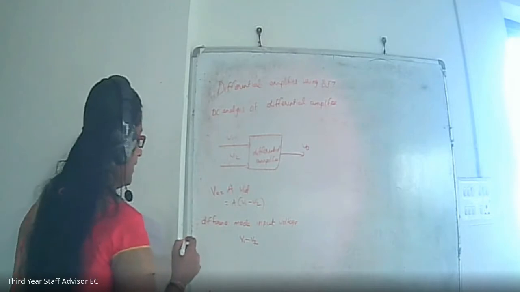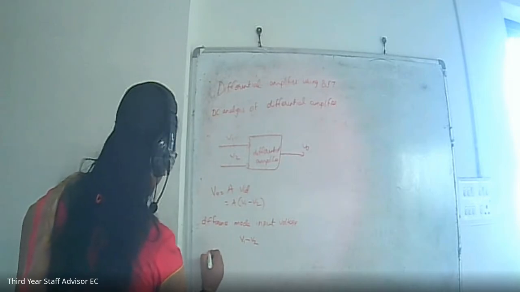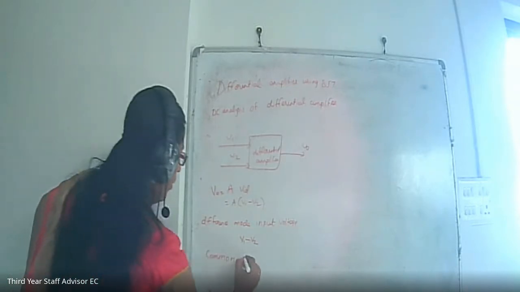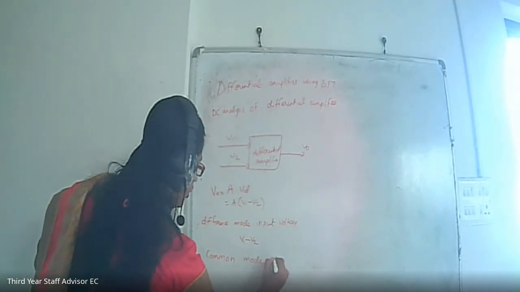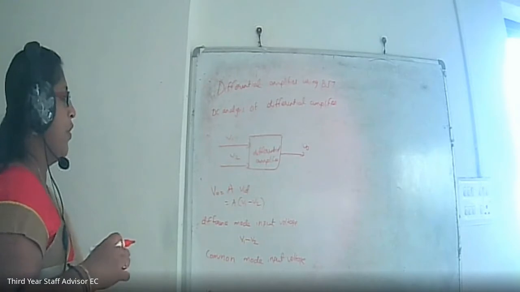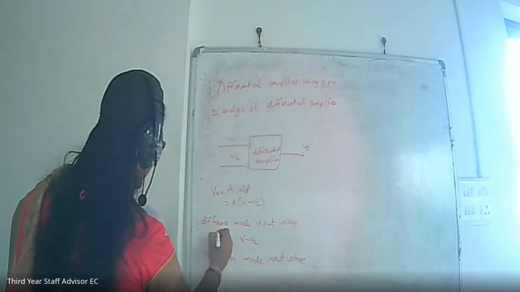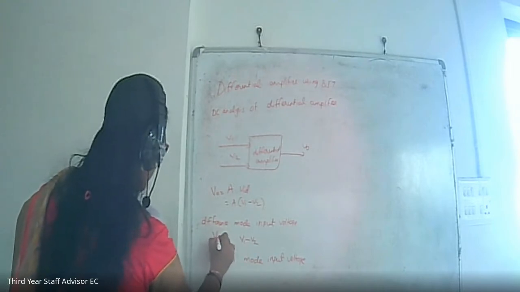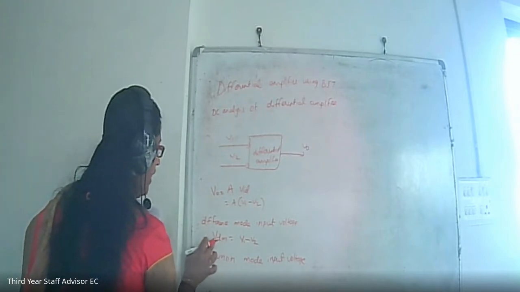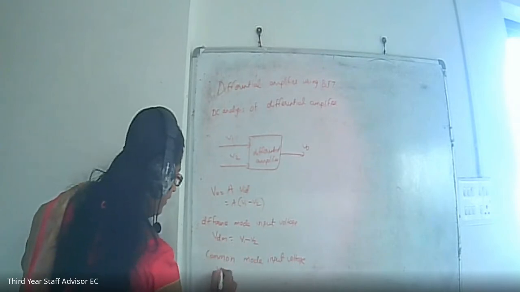Second is the common mode input voltage. The difference mode input voltage is VDM equal to V1 minus V2, DM meaning difference mode, and for common mode we write VCM.